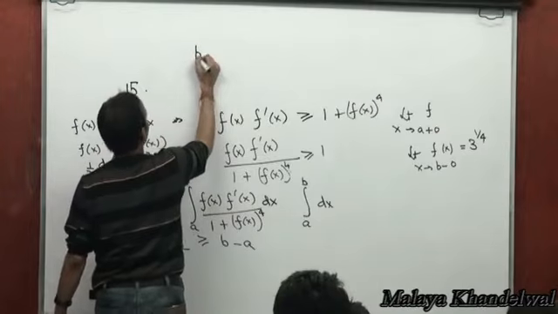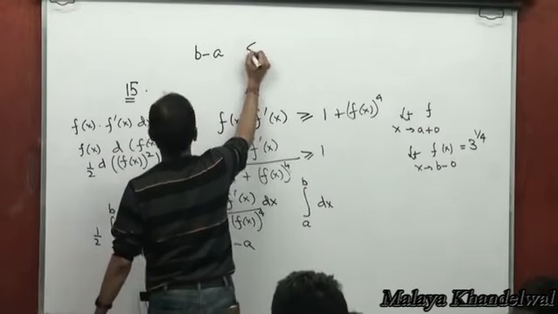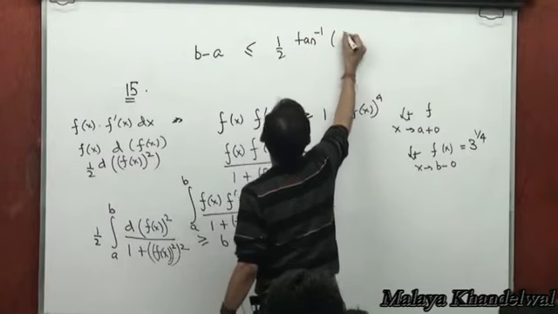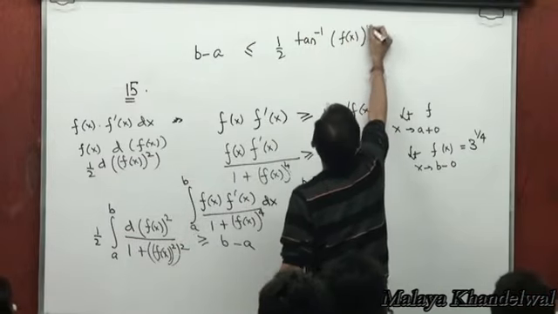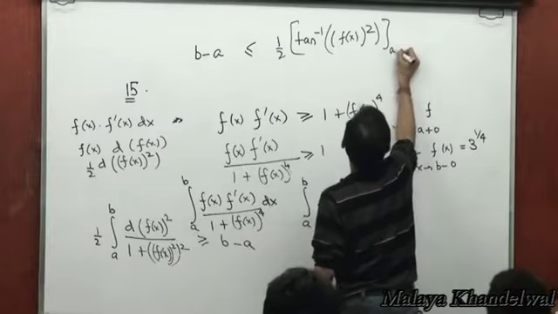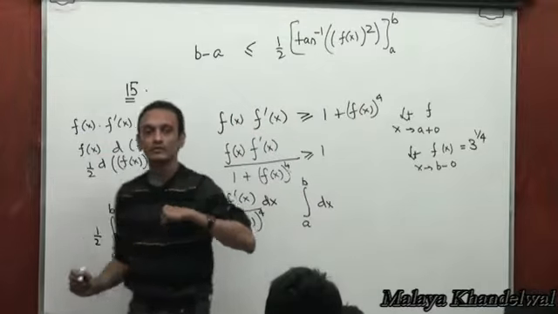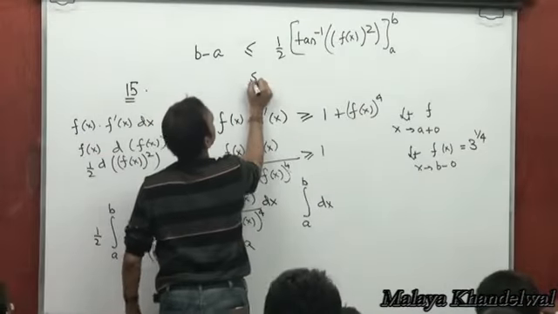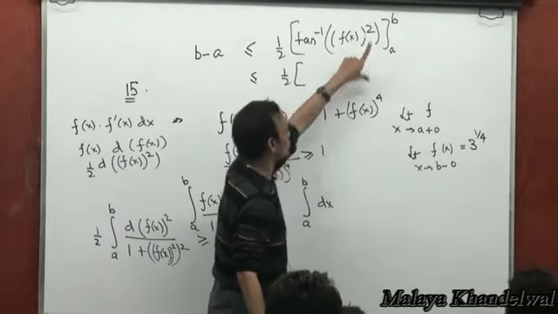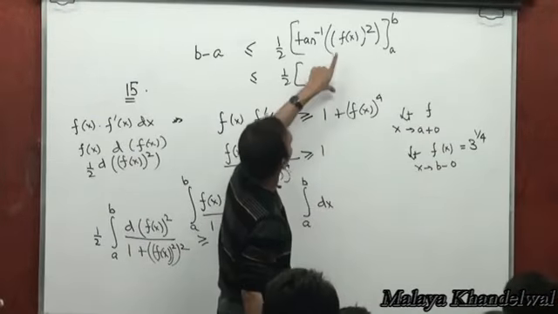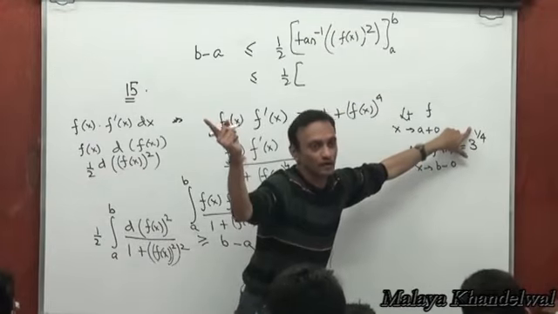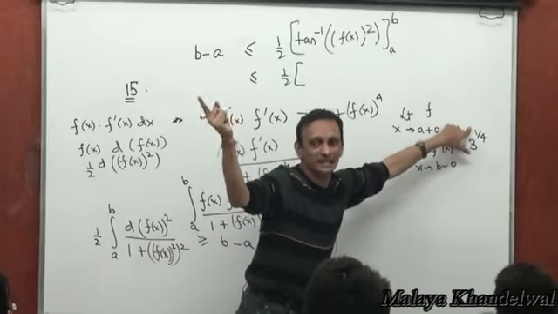So b minus a is less than or equal to half of tan inverse f x whole square, as x changes from a to b, right, which is half of tan inverse f b whole square minus tan inverse f a whole square. That means 3 to the power 1 by 4 whole square, that is root 3, which is 60 degrees, pi by 3.